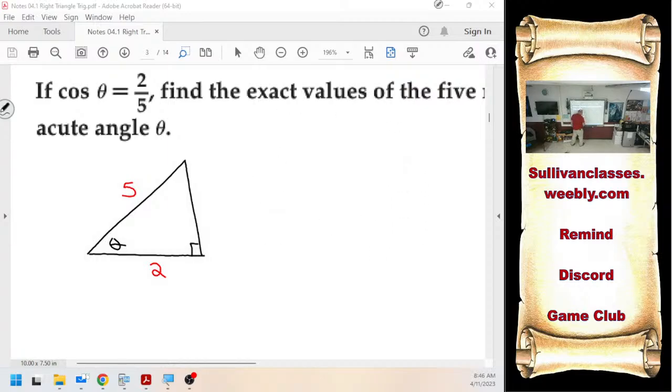That's why I said just draw an arbitrary triangle like this so you can wrap your head around it. So we have sine, cosine, tangent, cosecant, secant, and cotangent. So I already know, because they told me, that cosine is 2/5.